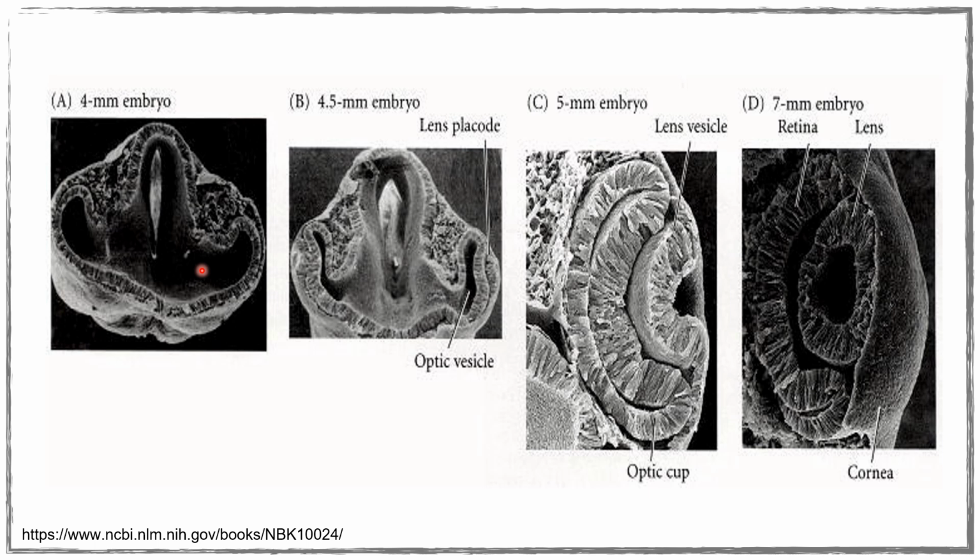So around week 3 of gestation, that is day 24 to 26, we can see the appearance of an optic groove in the diencephalon area. Again, you can refer to image B. As you can see, an evagination from the optic groove, which is the optic vesicle, will move towards the lens placode.